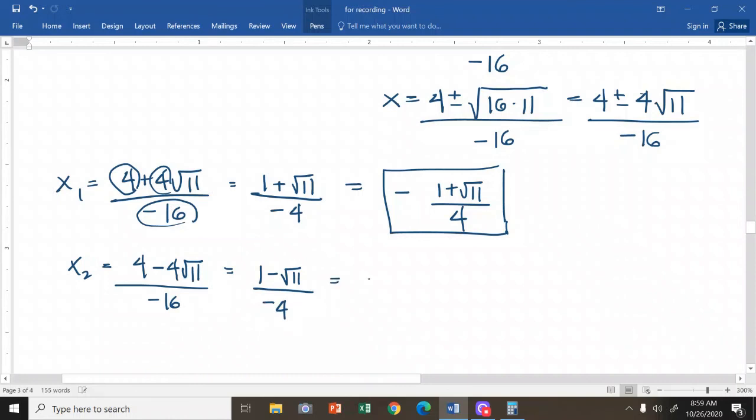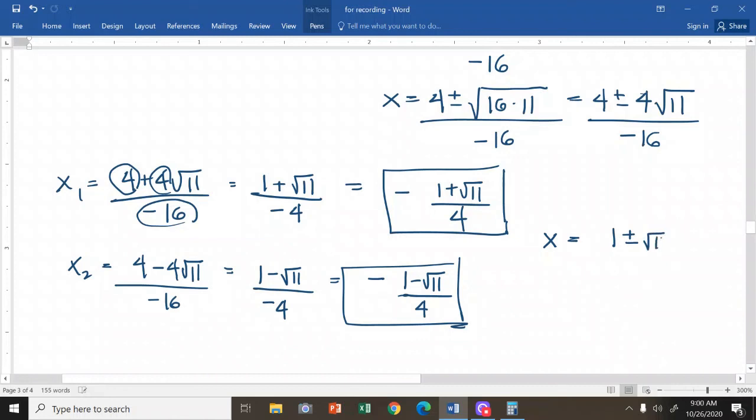Or, pwede nyo rin siyang isulat as negative of 1 minus square root of 11 over 4. Yan. Okay? Or kung gusto niyo naman pagsamahin, pwede natin siyang isulat like this. So, pwede siyang 1 plus minus square root of 11 over negative 4.